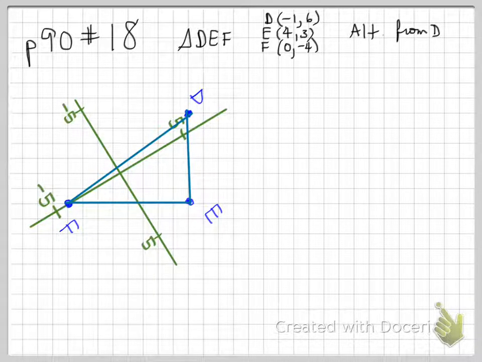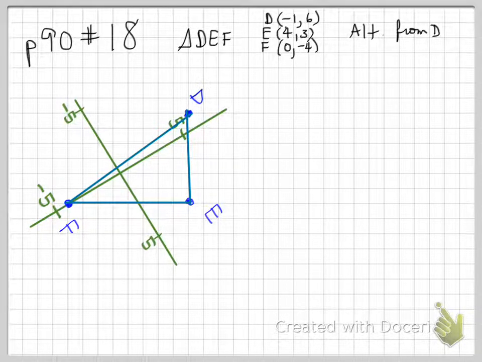All right, now that we did this, you're asked to draw the actual altitude from vertex D. But I can tell you right now, this little point right here is not exactly at a right angle to this line. It's actually just slightly off.